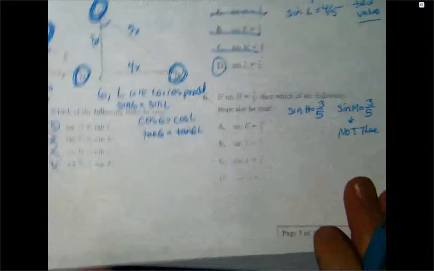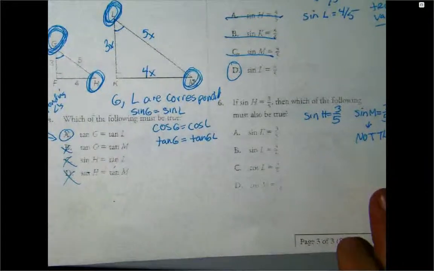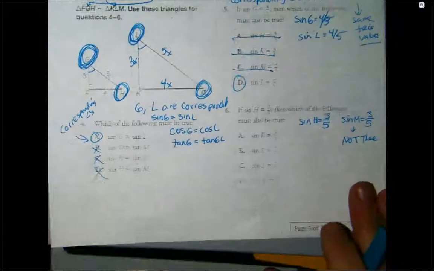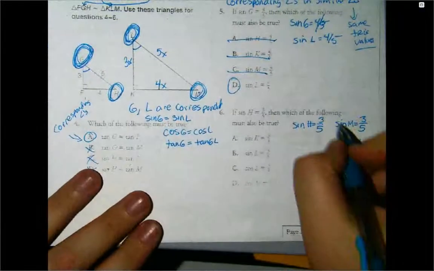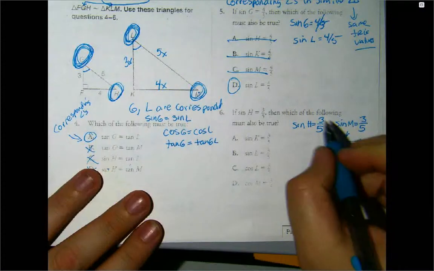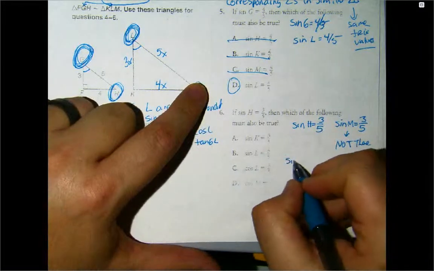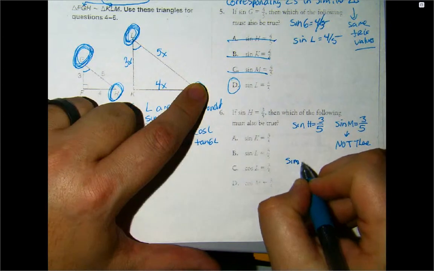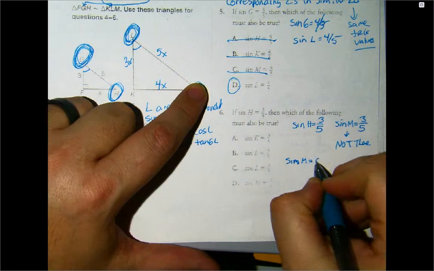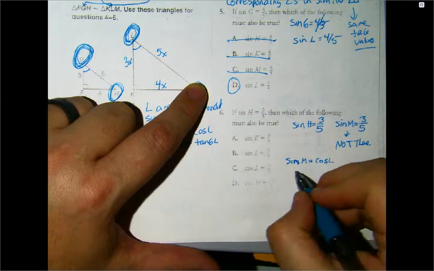Sine of M, but here's another one of those rules. The sine of M is going to be equal to the cosine of L. So if the sine of M is 3/5, that has to be equal to the cosine of L. Is there a cosine of L that's 3/5? Yeah.